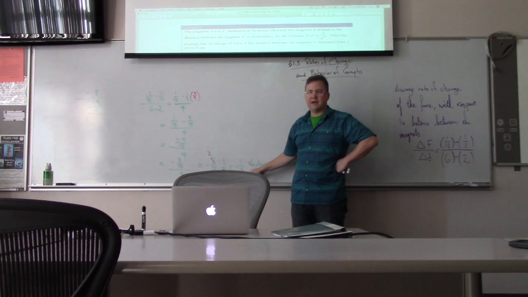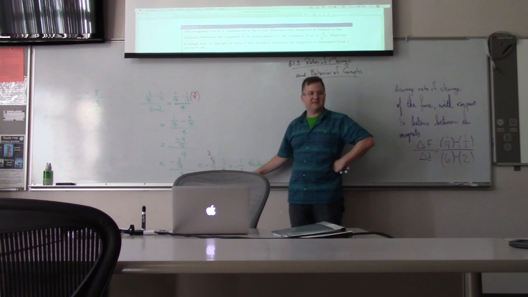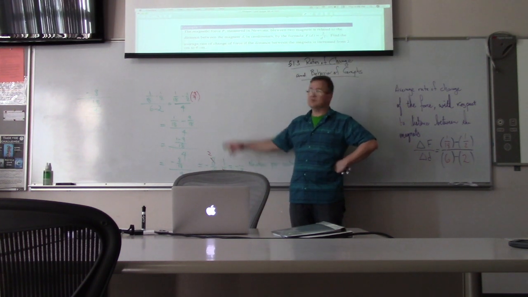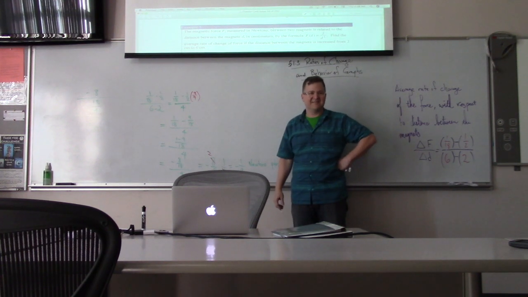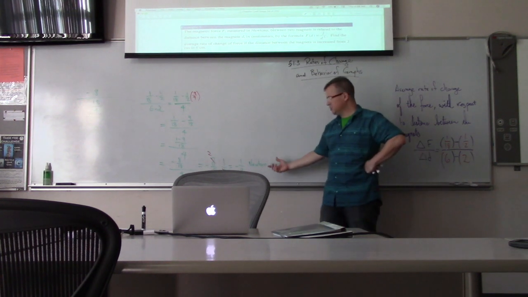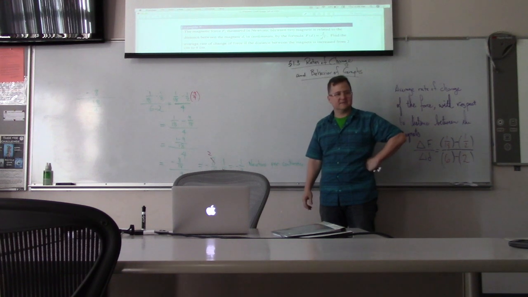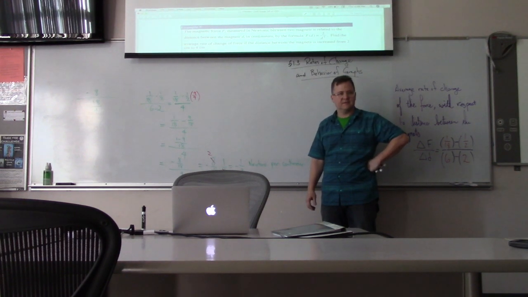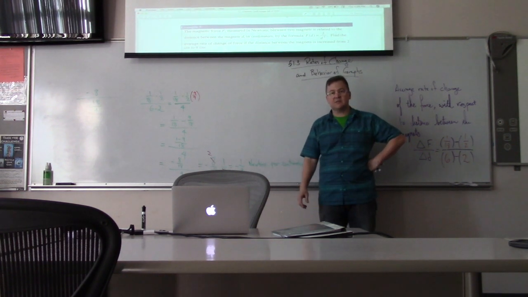But then bringing it back around full circle to the original question, which is, so what? What does that have to do with magnets? What does this tell me about magnets? It helps that I have the units.